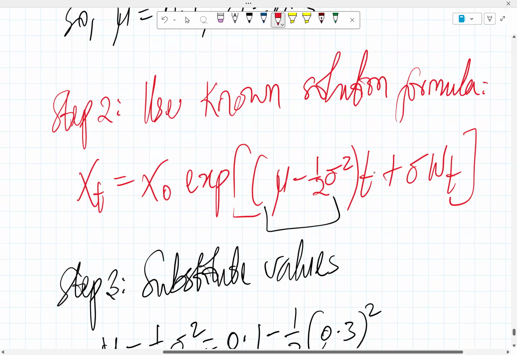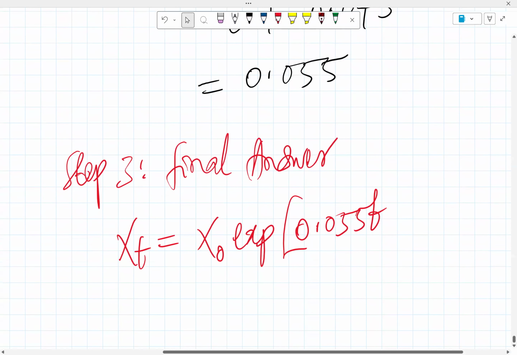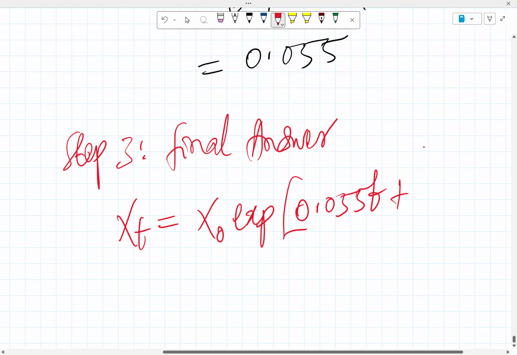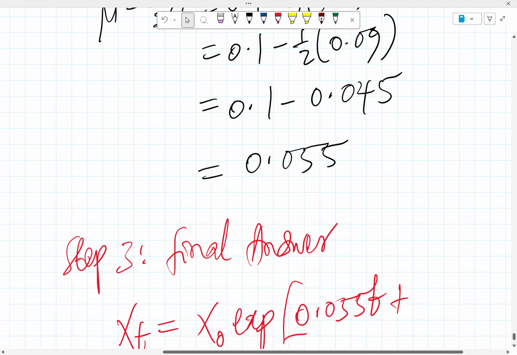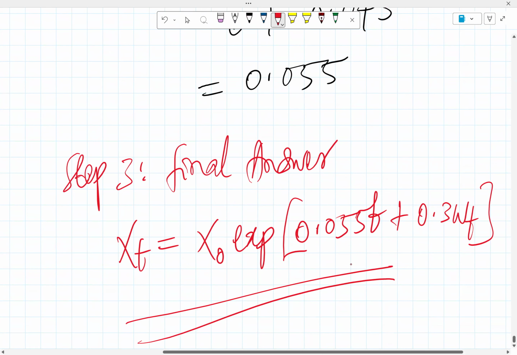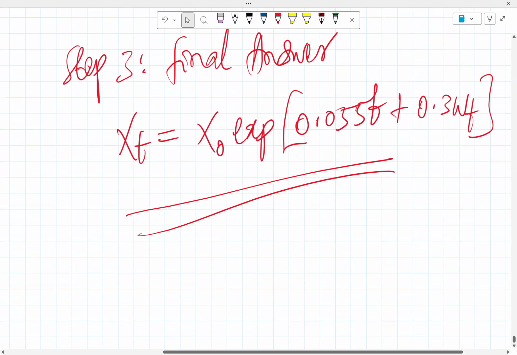So all this 0.055 t plus sigma w sub t, that's 0.3 w sub t. And that's what we have right there. And that's question 10 answered like that.